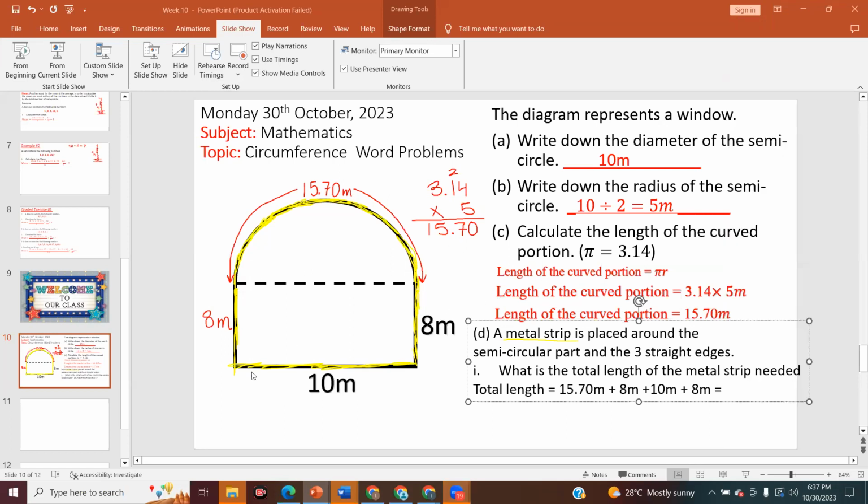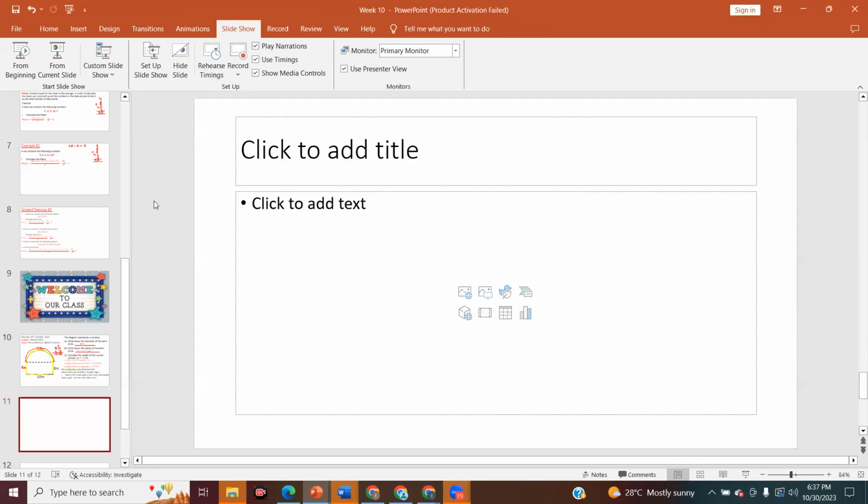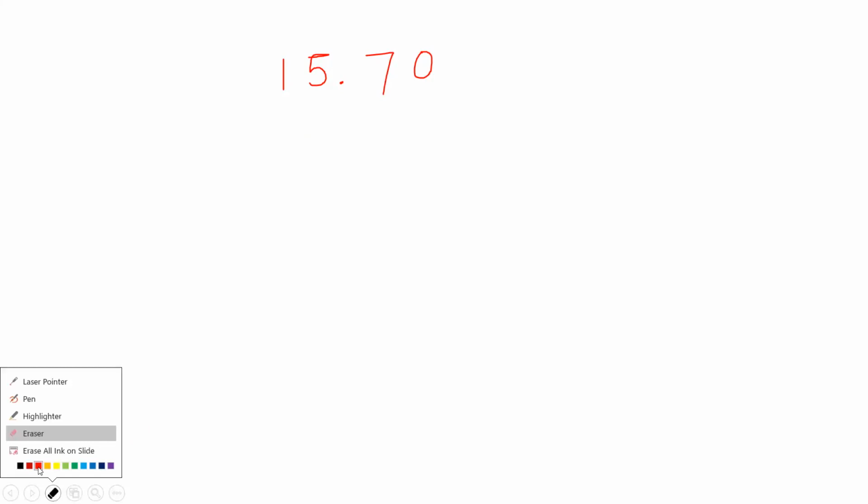We need space to add them, so I need to add them up here because I don't have enough space. So what we have is 15.70 plus 8, sorry, plus 8. Plus 8.